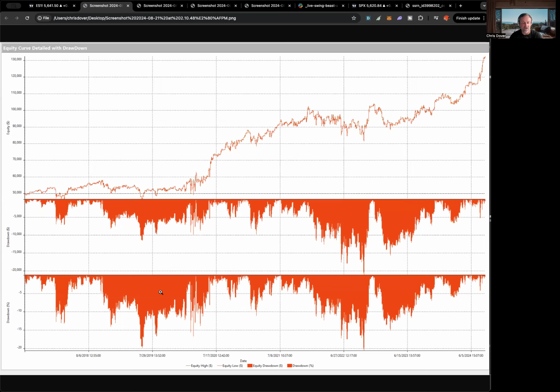We have the equity curve here up over $100,000 in profit in like 7 or 8 years, I'm not sure. It looks like somewhere around 2017. And then there was a drawdown of 20% here in 2019. So probably it was just a down week or two.